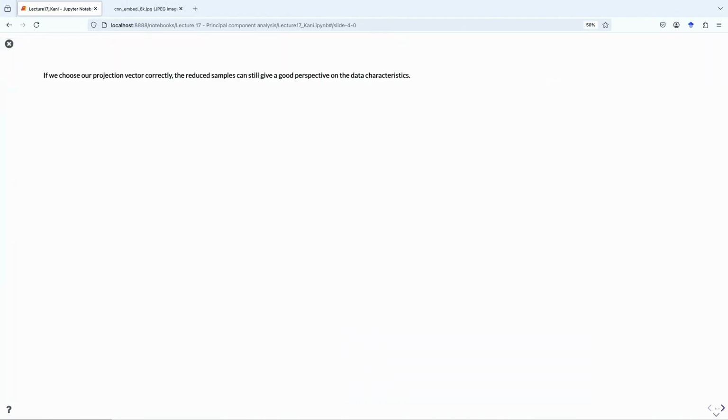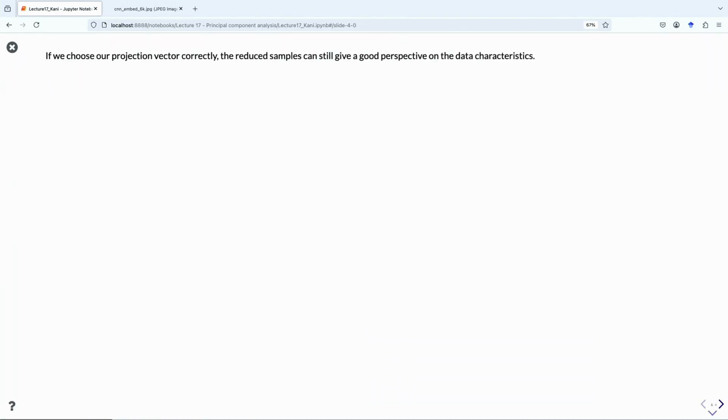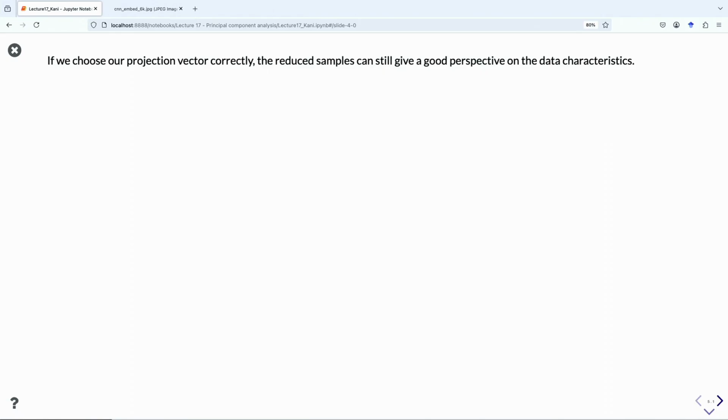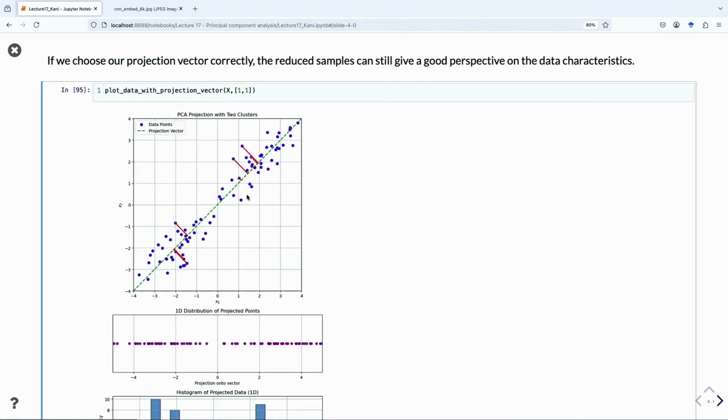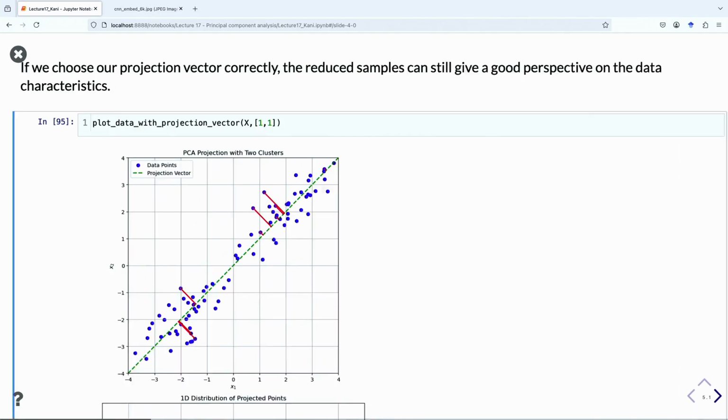Mainly, we want to find ways to project data of dimension d onto a projection of dimension d minus 1. So what does this mean? Let's say we have some data here, and as you notice, this is artificially created data.